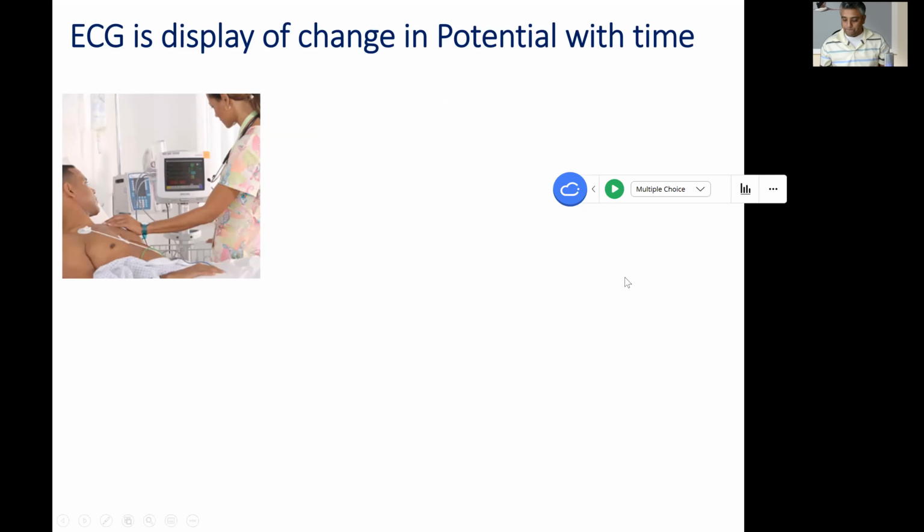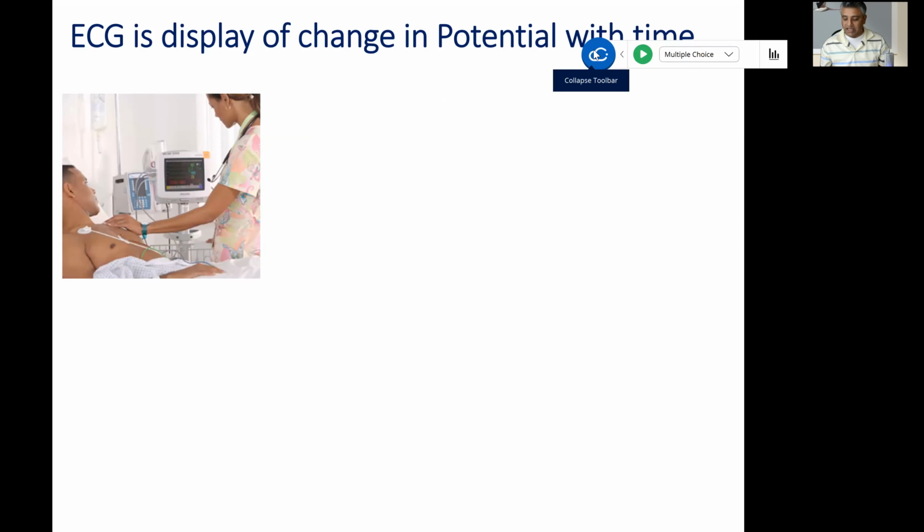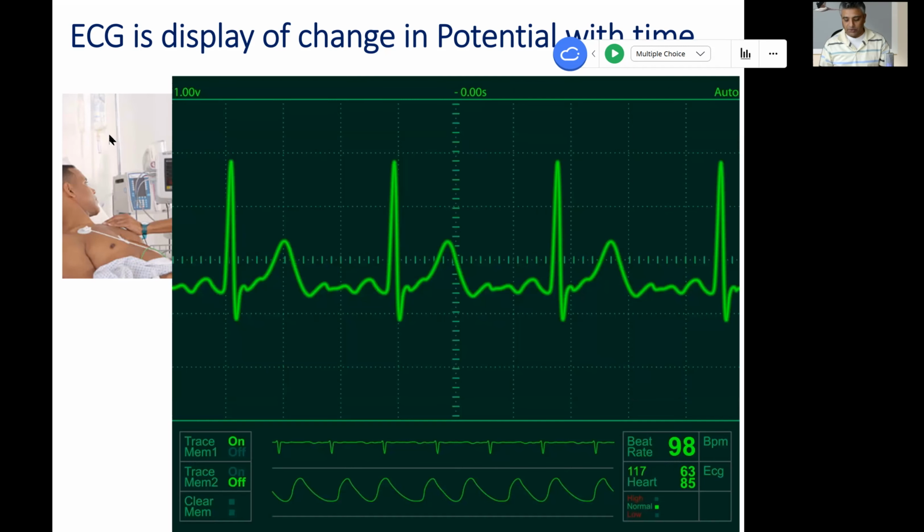We have made several devices using that, an ECG display, for example. Remember we talked about EKG last chapter in terms of the electric field, how the field of the dipole changed and the display goes like that. Now we can talk in terms of potential as well. This is physics, so I don't teach medicine here.